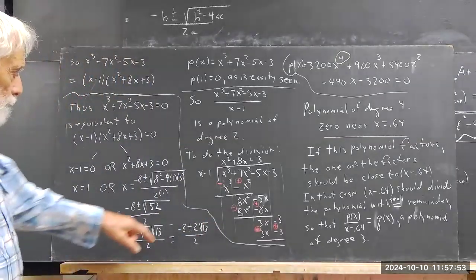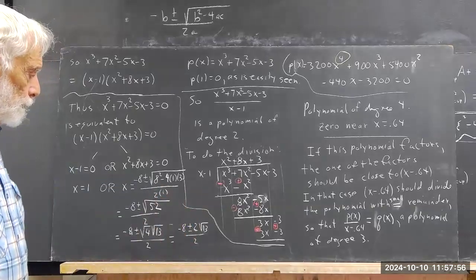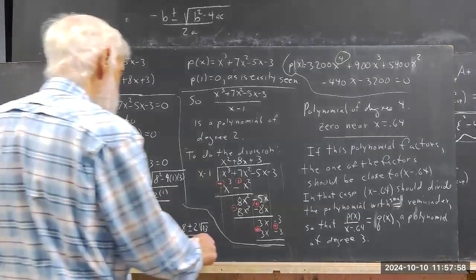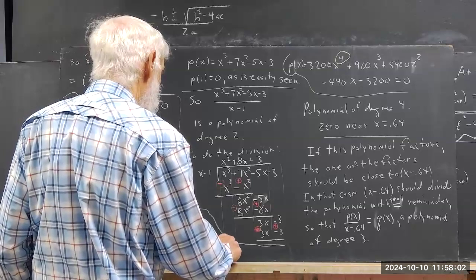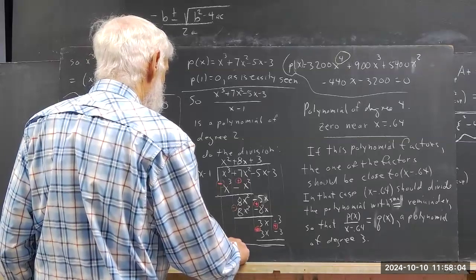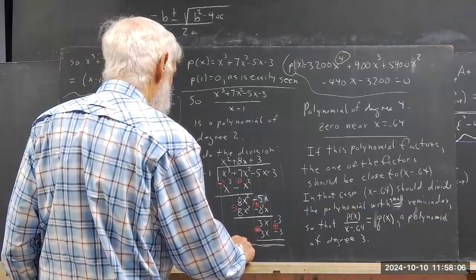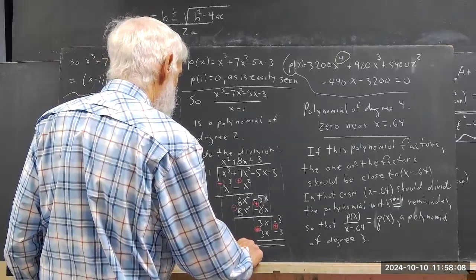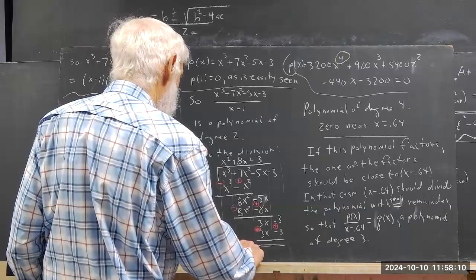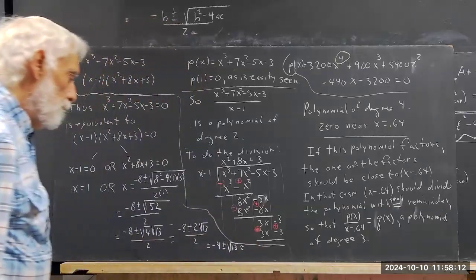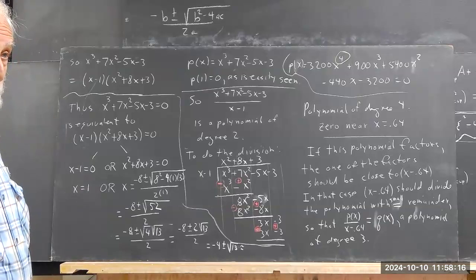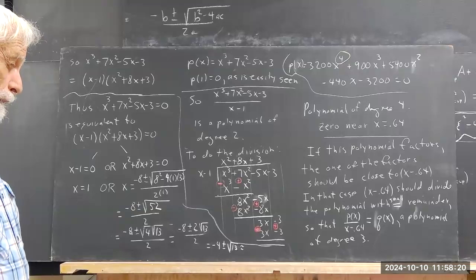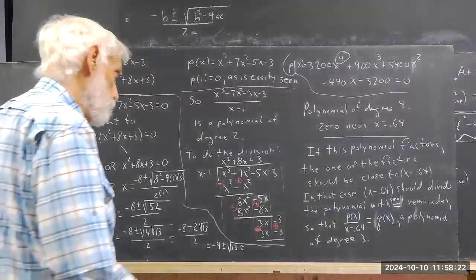So now I've got negative 8 plus or minus 2 square root of 13, and that equals minus 4 plus or minus the square root of 13. And the square root of 13 is around 3.7, maybe closer to 3.6. Yeah, I think it's closer to 3.6.